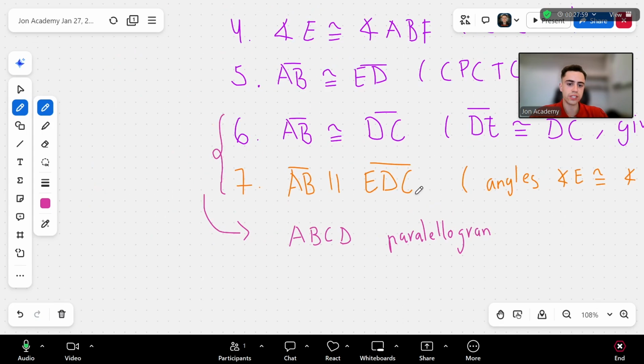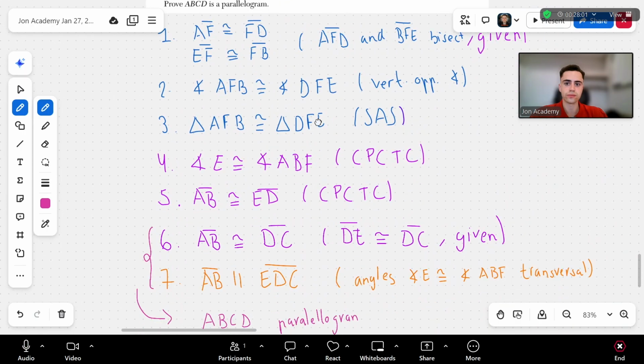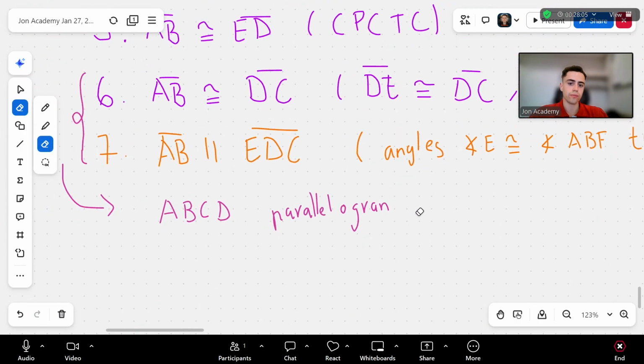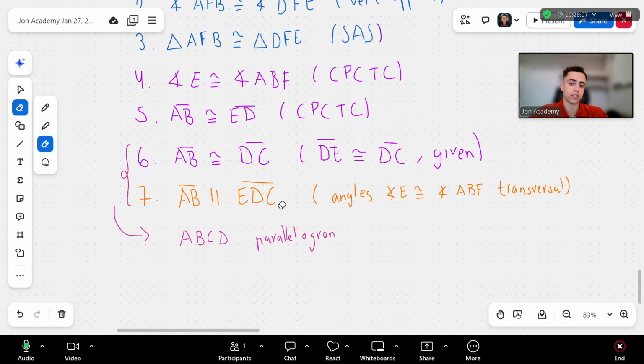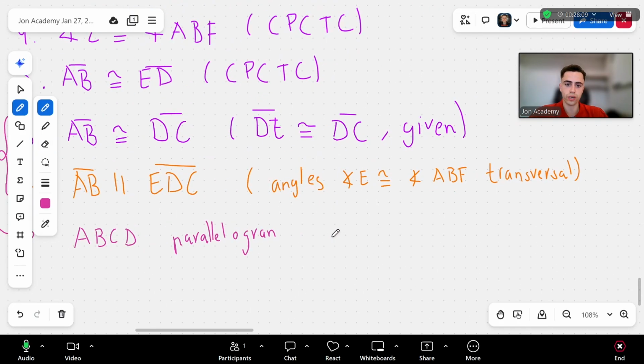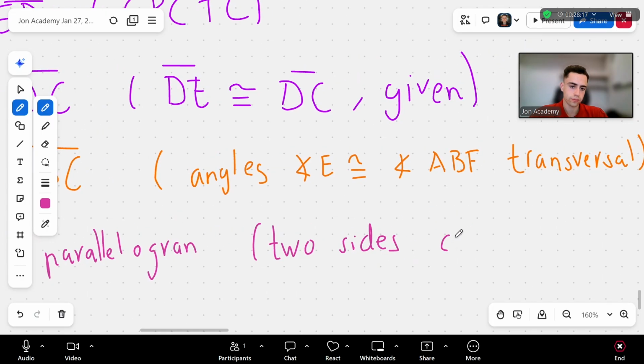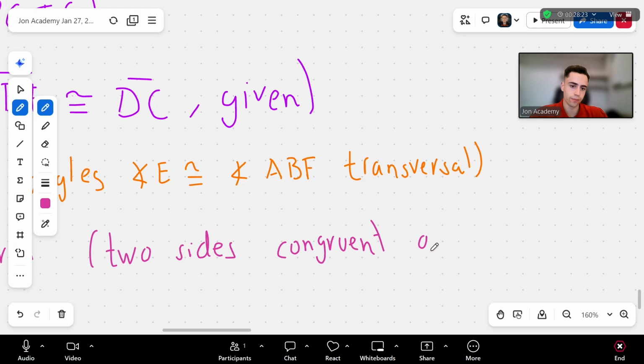And the reason for that is these last two: we have two sides congruent and parallel to each other.